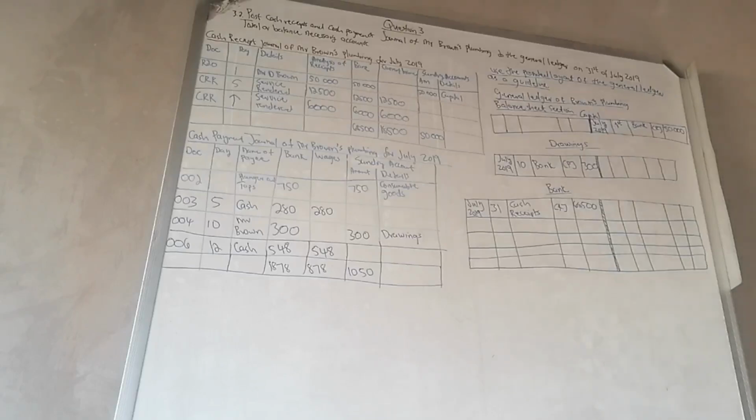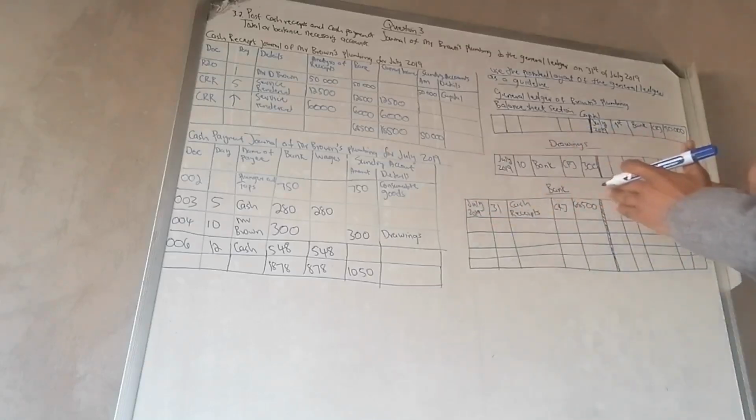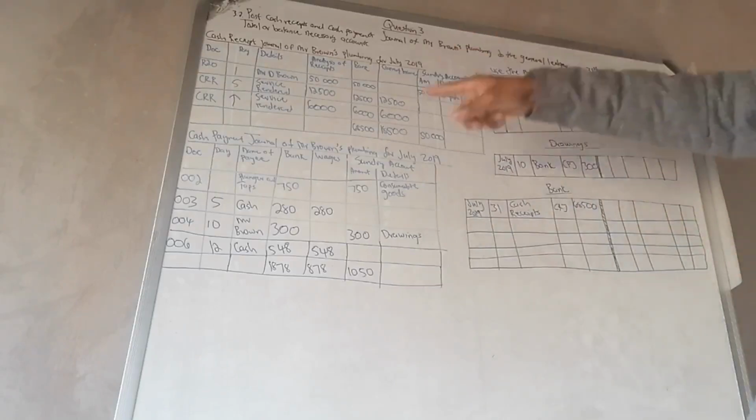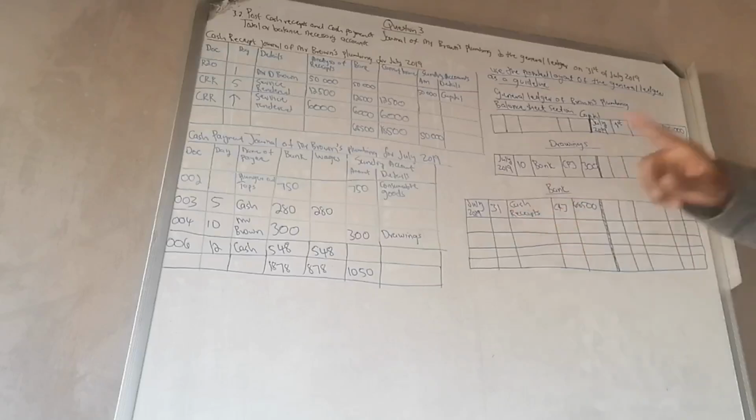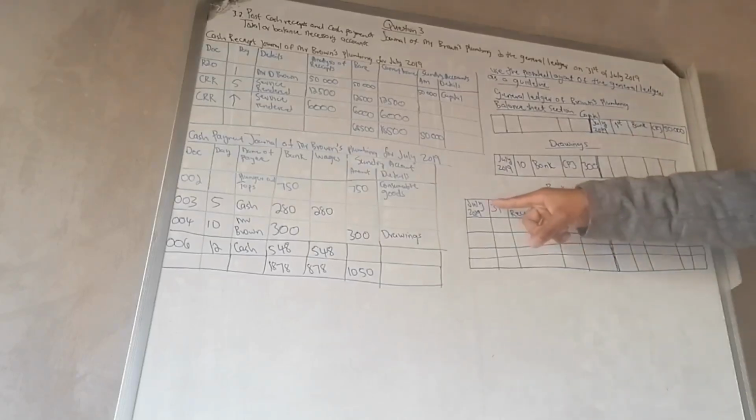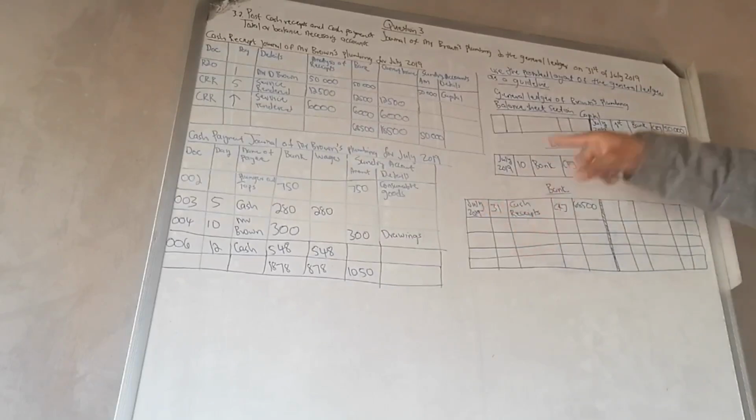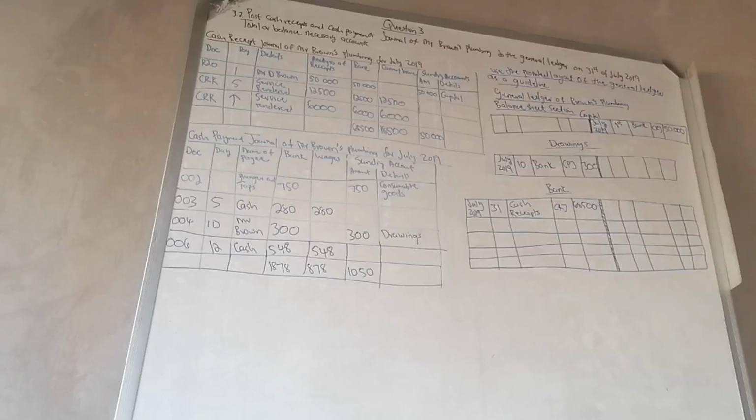Right, that was the left side. The left side of the bank: we go into the bank column, we take the totals. The first thing we write is the month, July 2019. When were those receipts compiled as a sum?